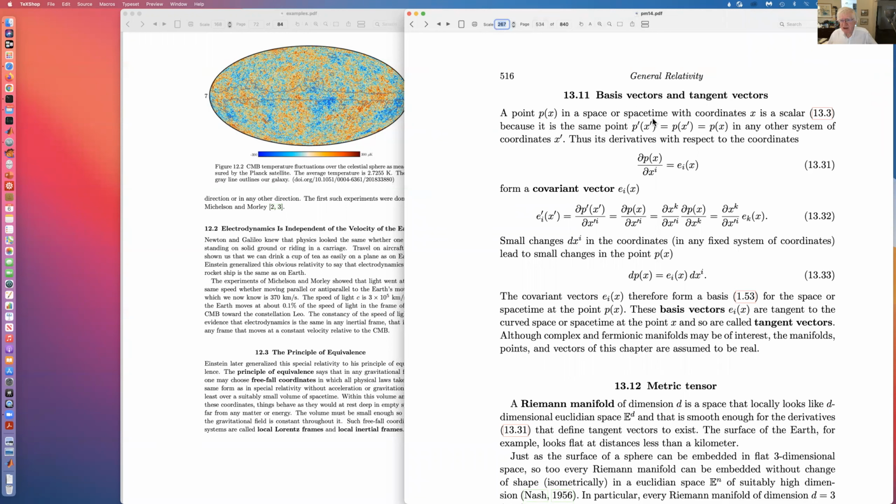So a point in space, or an event in space-time with coordinates x, is a scalar in that the point is the same point in any coordinate system. And so the partial derivatives of the point with respect to the coordinates, that then is a covariant vector, because this is just the gradient of a scalar, and we saw that a gradient of a scalar was a covariant vector.